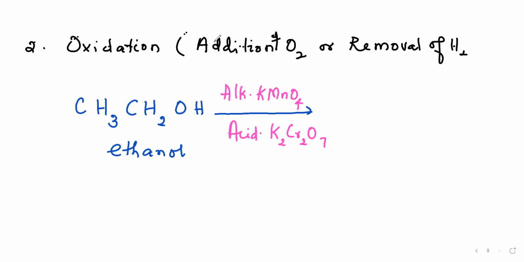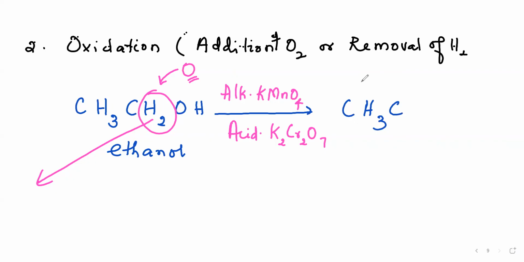What exactly happened is that 2 hydrogens are removed, and oxygen enters. Oxygen has valency 2, so it can replace 2 hydrogens. So what we get is CH3COOH.